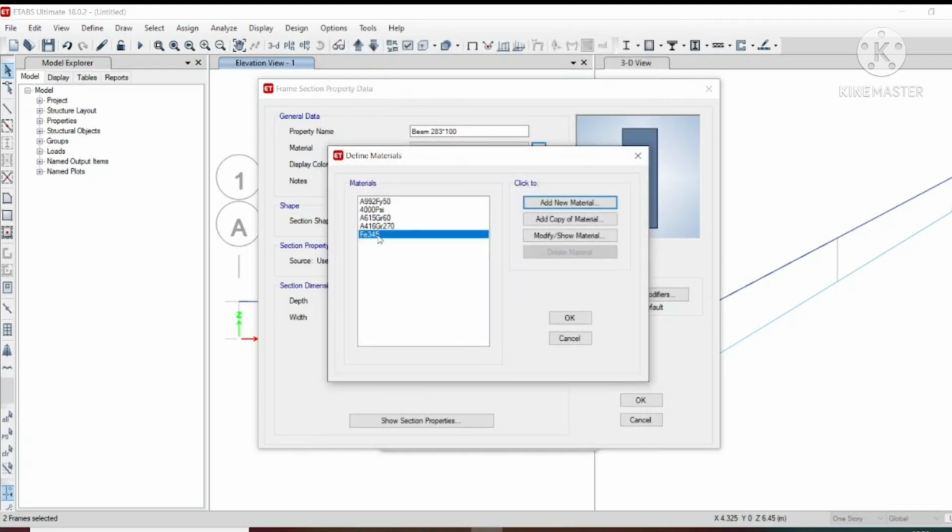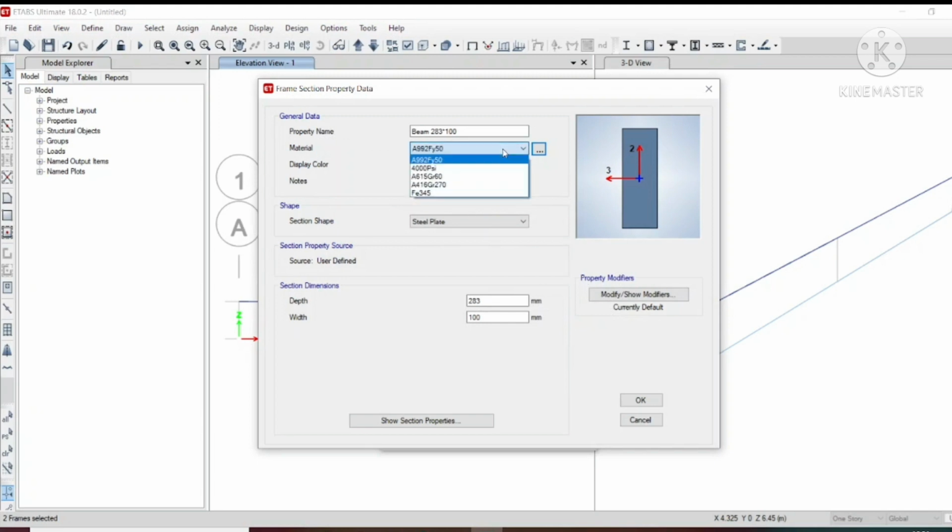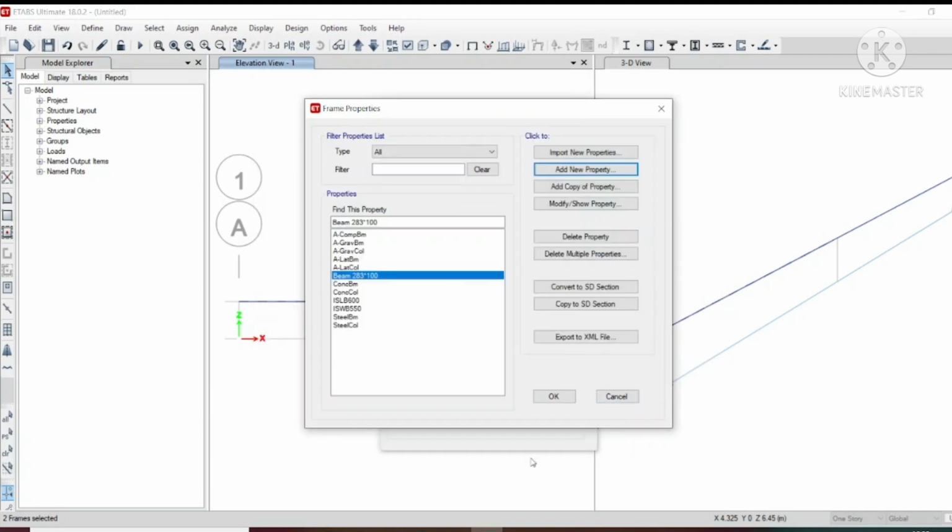Yes, I have arrived at the property as Fe345, and let me give the same property to this beam. Okay, so the first beam is ready, and let us assign another member.